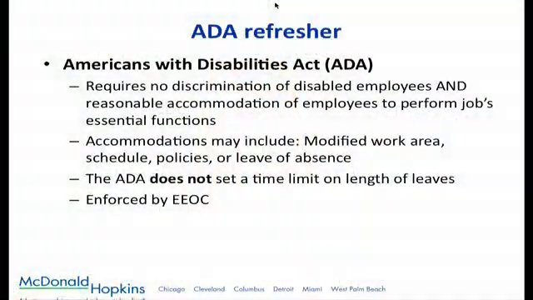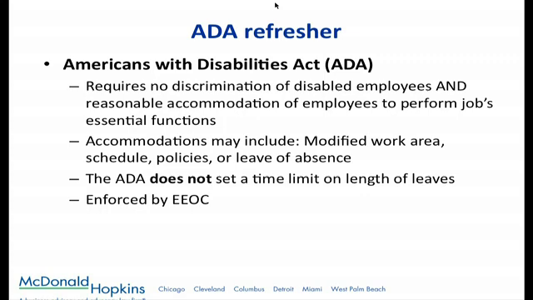Additionally, there's a misunderstanding of the ADA and the interactive process a lot of times by your frontline managers, and those are the people who are typically dealing firsthand with employees who have medical issues that need to be addressed and potentially accommodated. So just as a refresher, the Americans with Disabilities Act requires no discrimination of disabled employees or applicants, and reasonable accommodation of employees or applicants to either apply for a position or to perform the job's essential functions.